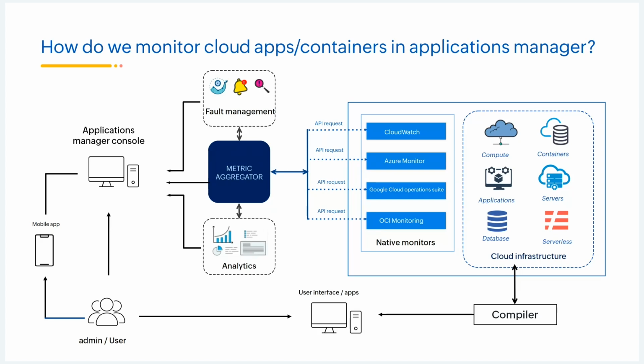Additionally, the analytics feature provides in-depth reports and trends to help optimize cloud performance. So the users and administrators can access all these insights via the Applications Manager console. This ensures continuous visibility and proactive control over the cloud infrastructure. It helps businesses maintain high availability and monitor their entire performance.